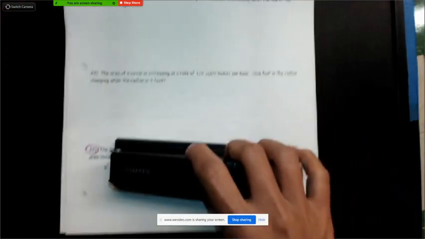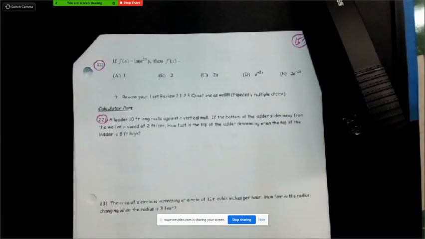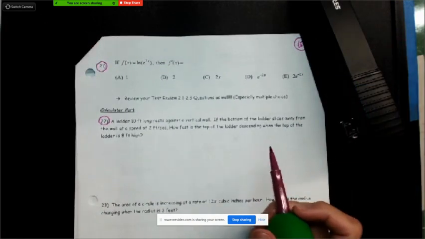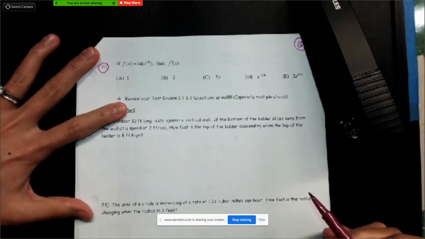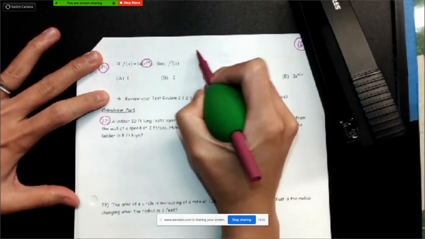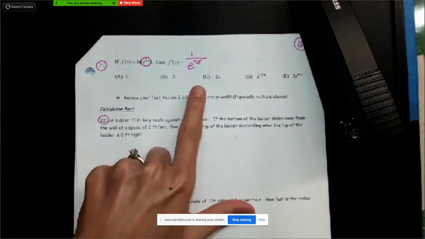Do you guys want a trick to this, or should I go over this traditionally? What do you guys want? Both? Okay, I'll do both. So the rule for the natural log was 1 over the u, right? So I'm going to circle this guy. So for the derivative, it is 1 over e to the 2x. And we derive that guy right here.